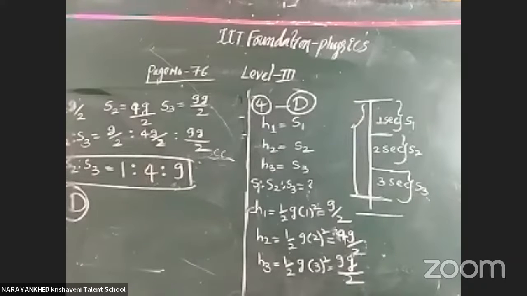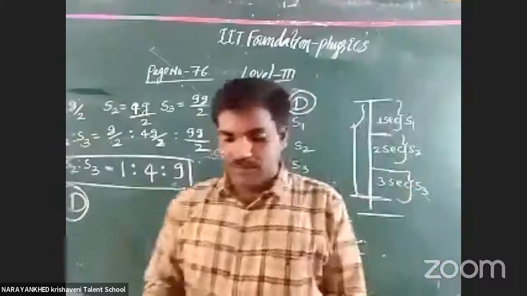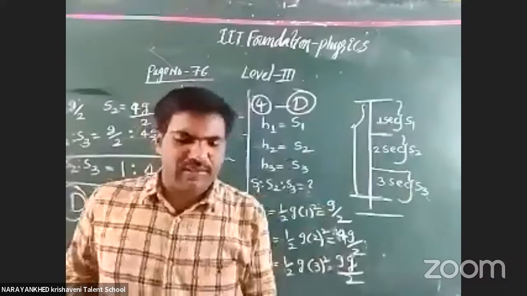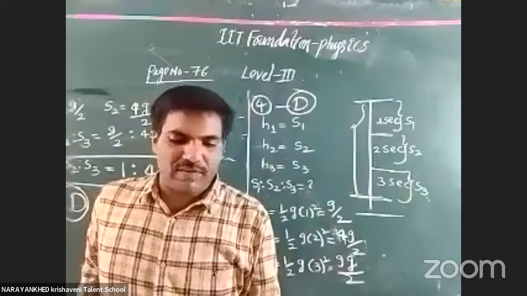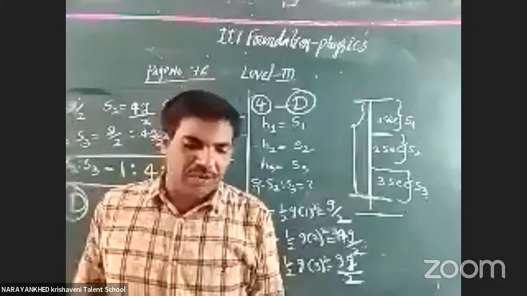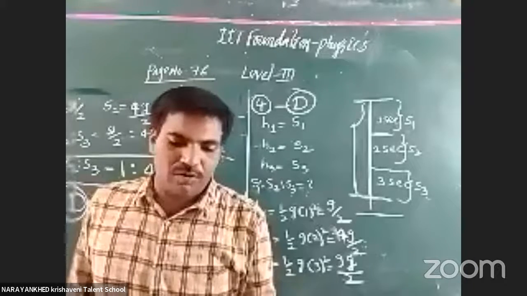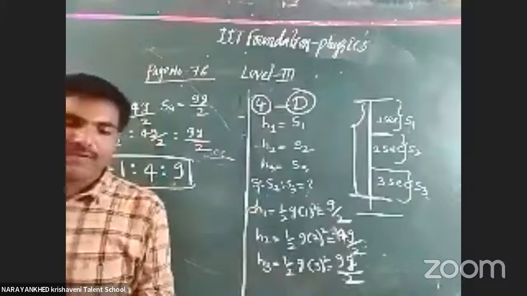Students, tomorrow we'll go with the fifth, sixth, and seventh questions also. The last one is the math of following. Once you complete it, the seventh question and the eighth question, if possible, you complete. The seventh question is the equation of motion under gravity, equation of motion for a freely falling body, a projectile vertically or downwards. They have given the distance traveled in the nth second for a body.